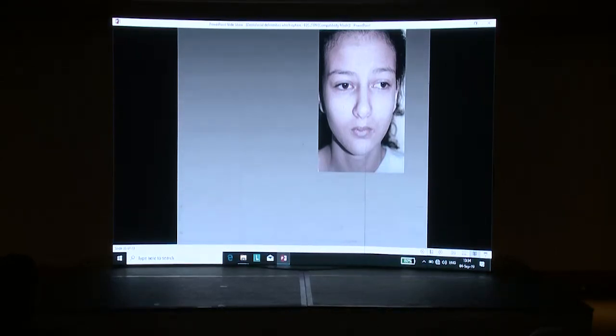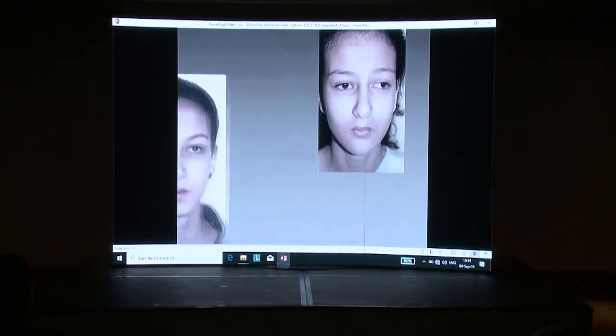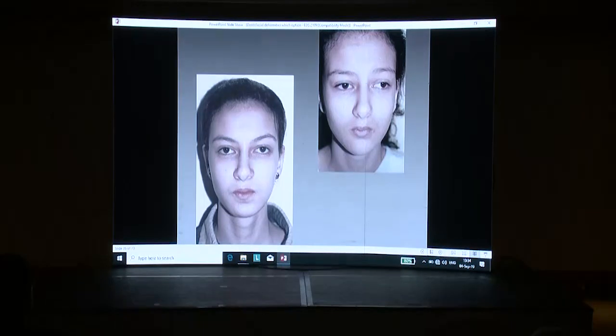You see here the flattening of the face, a V-shaped or triangular face doesn't look nice, but if we do only orthodontic treatment, we will not get better results in the facial profile of the patient. Next, please. You see here fullness of the cheek and better appearance of the chin.